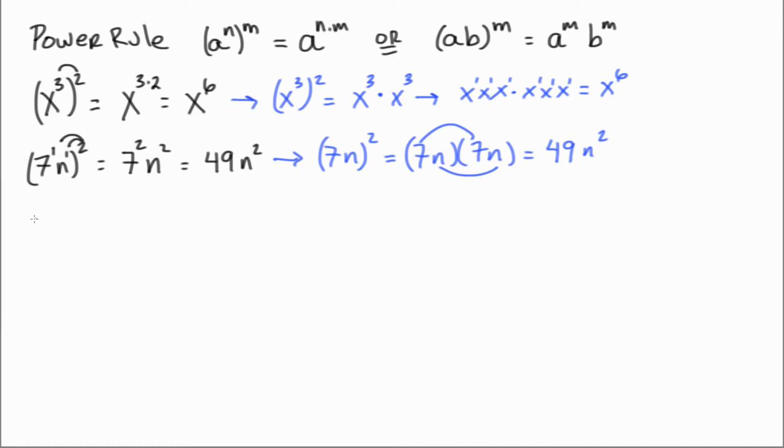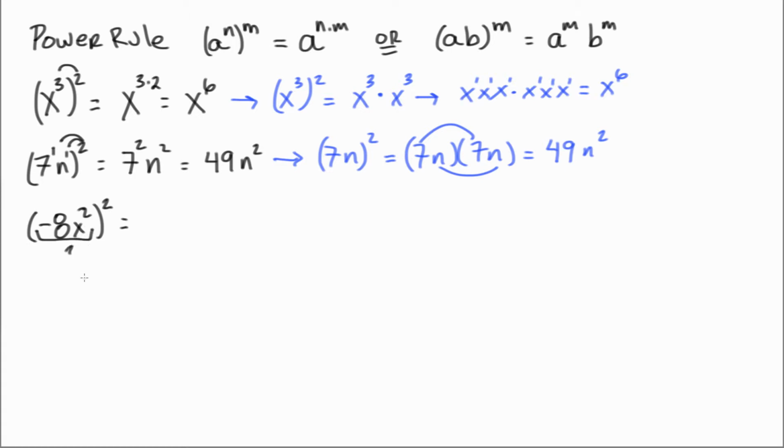Let's say you had something like negative 8x squared, and we're going to square that. How do we do that? This one is a bit challenging, but I think the best way to do this, so that you won't mess up with the negatives, is to ask how many factors of negative 8x squared do I have?